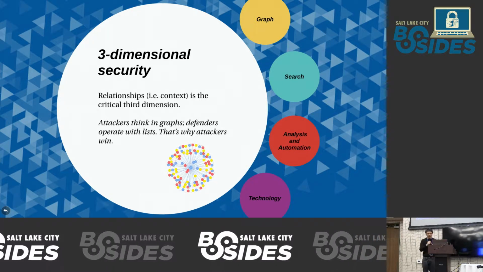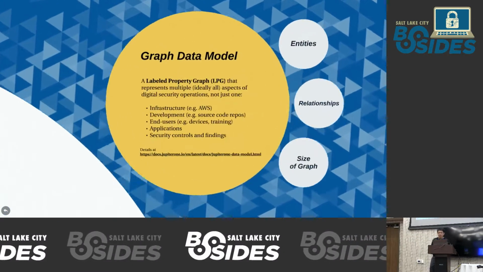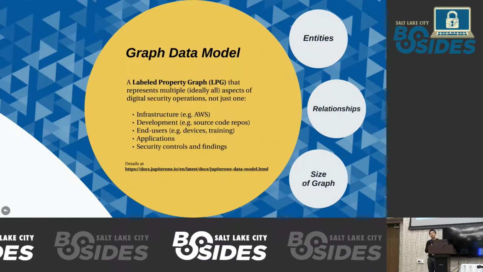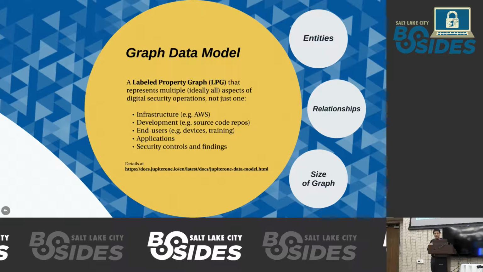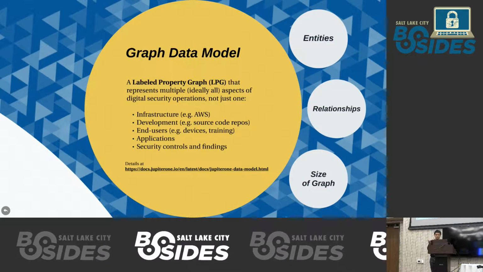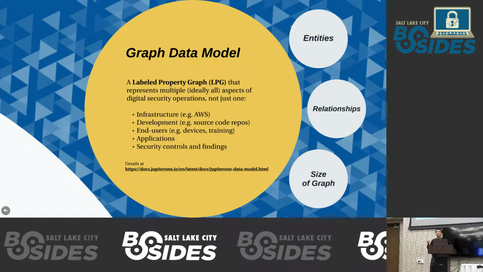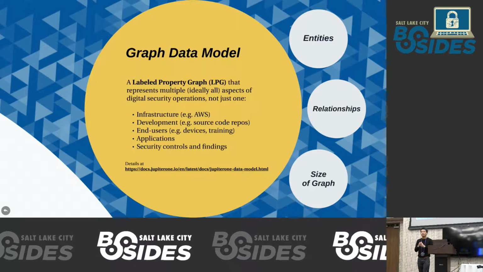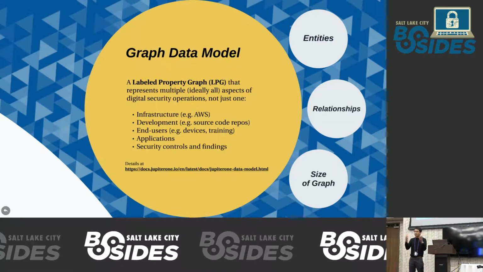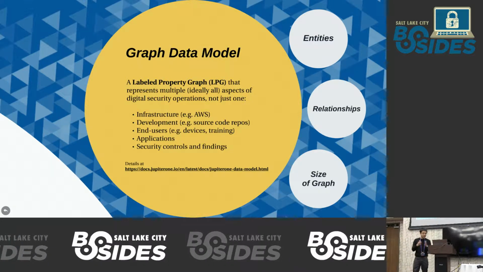When I say graph, it is not pictures, but it is this computer term graph, a labeled property graph, more specifically, that represents ideally everything that you have in your environment. Now, if not everything, most everything is good, right?